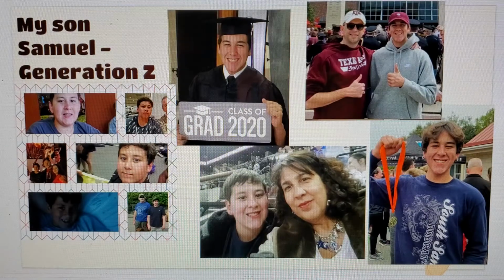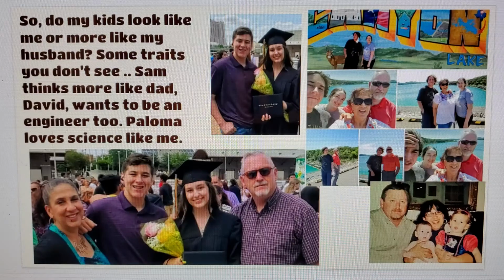Here's my son Samuel, and again, he's Generation Z as well. And I don't know why he's gotten into squinting when he takes a picture, but he did. But he looks probably more Japanese of all the kids. But there he is. I don't know if you think he looks like me at all or not. So, do you think my kids look like me or more like my husband's?